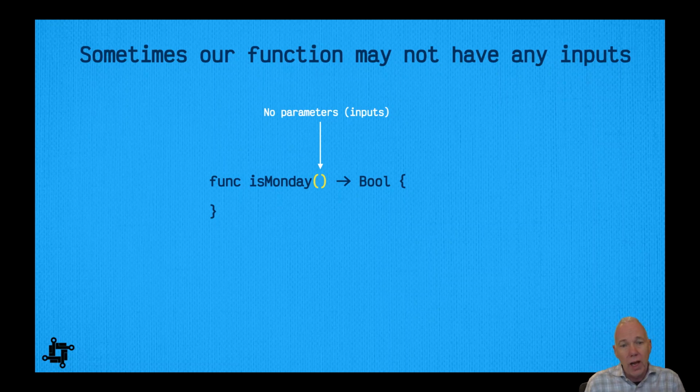And so when we don't have inputs, we just leave the open and closed parens like we have there, but we don't put anything in between those parentheses. Now, it is important to understand that a function does still need to have the open and closed parens. The func name followed by an open and closed paren is an important part of the syntax, so you can't leave the parentheses out.